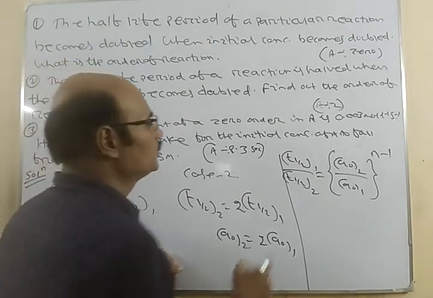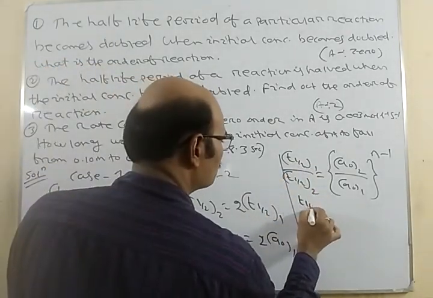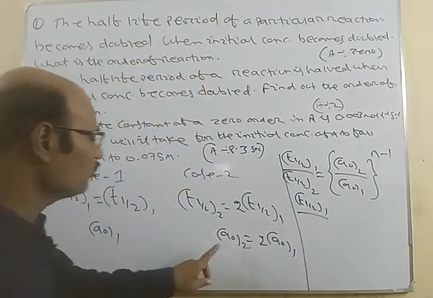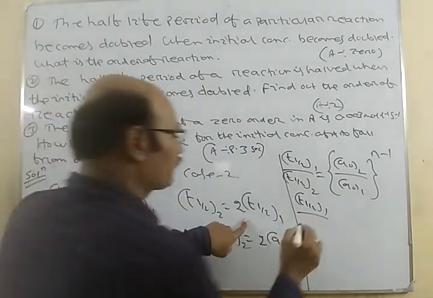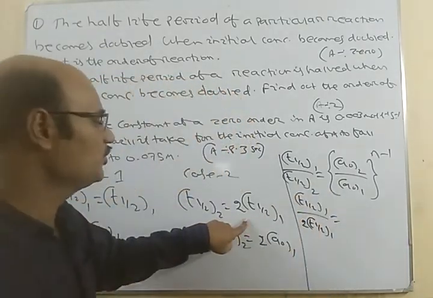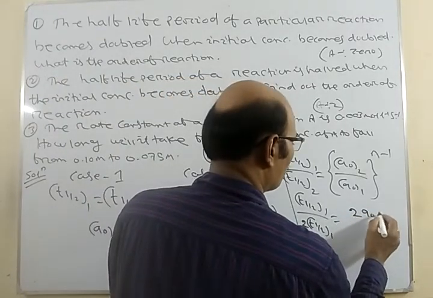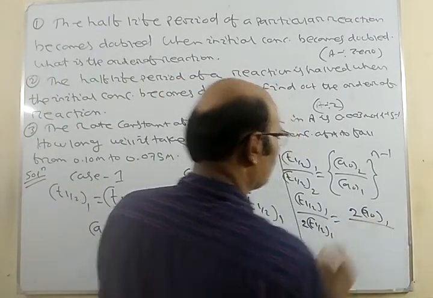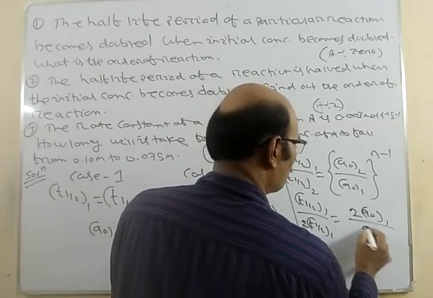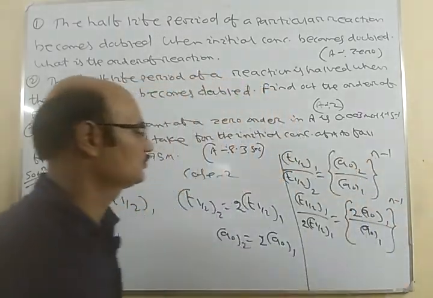So t half 1 is t half 1, and my t half 2 is what? 2 t half 1, is equal to a02, which is 2 a01, by a01 power n minus 1.